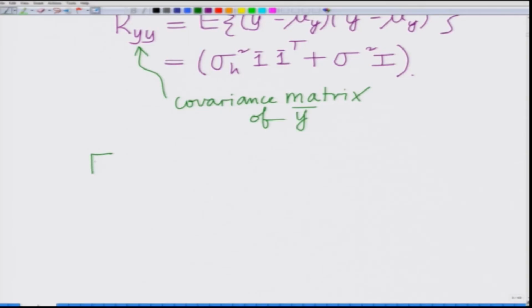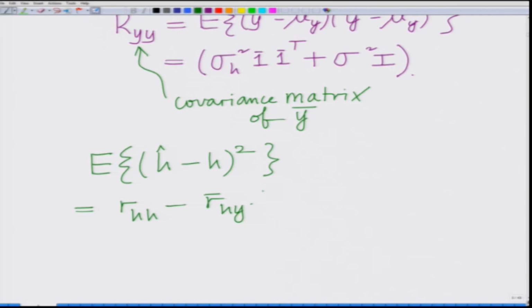So, the MSE is basically given as expected value of h hat minus h whole square equals, what is that? We have already said that it is r h h minus r bar h y into the covariance matrix r y y inverse times r bar y h, which is r bar h y transpose.